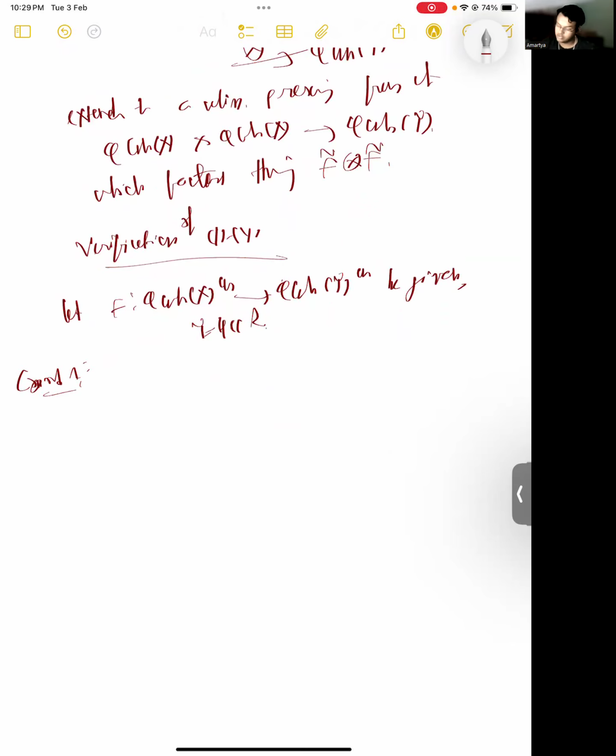The first condition is that F tilde should preserve colimits, which is by construction, the way we've constructed it.